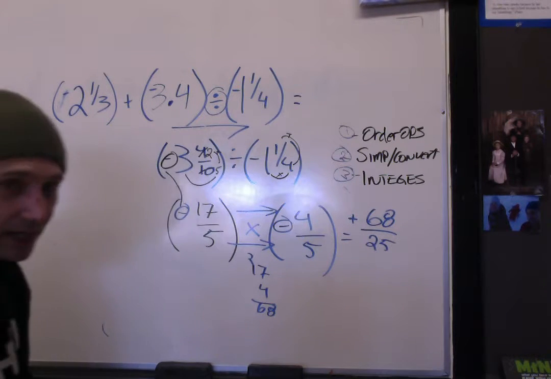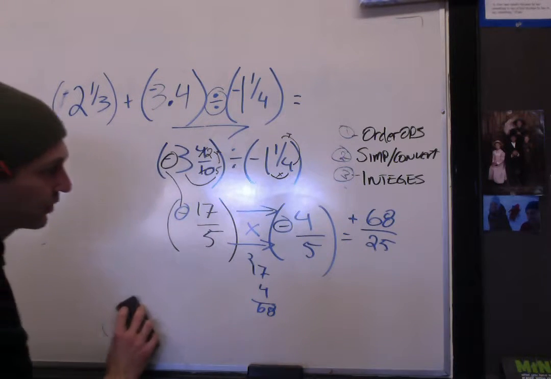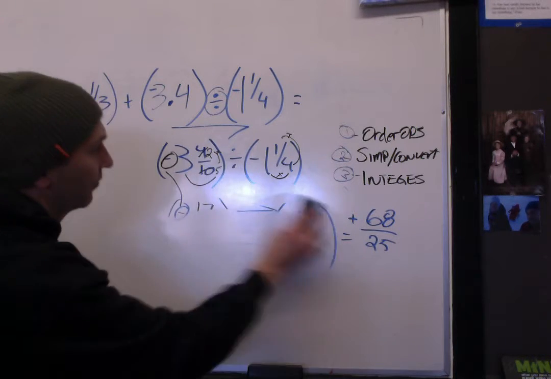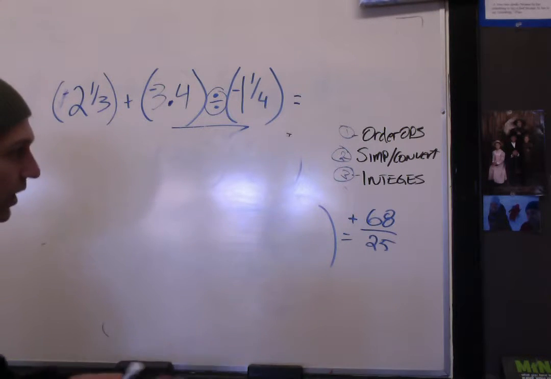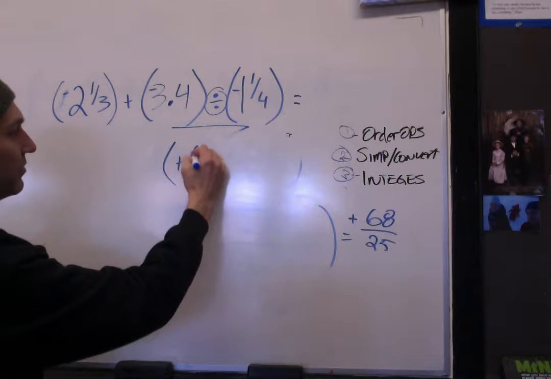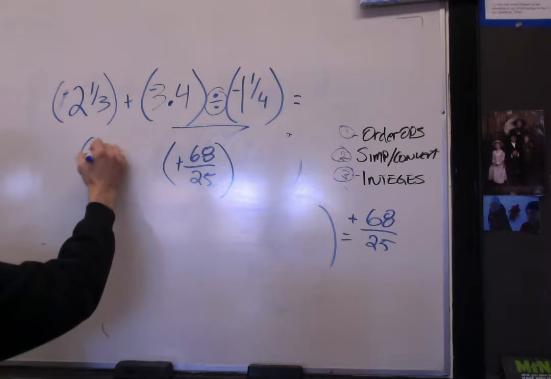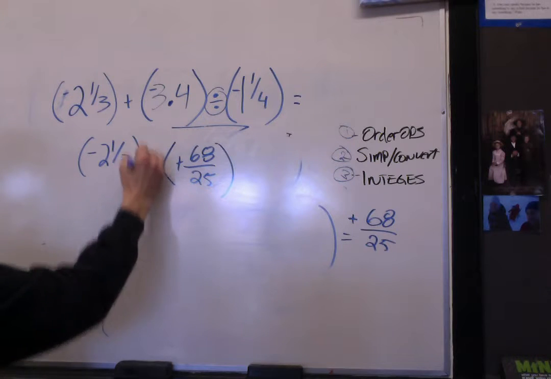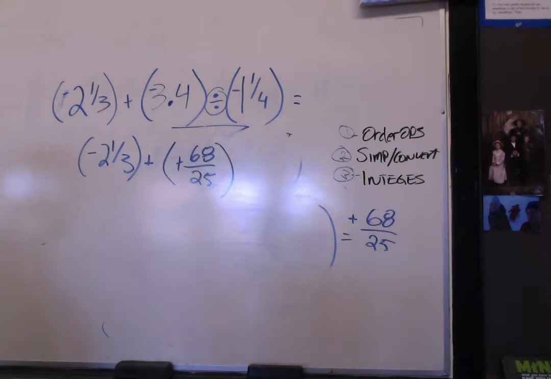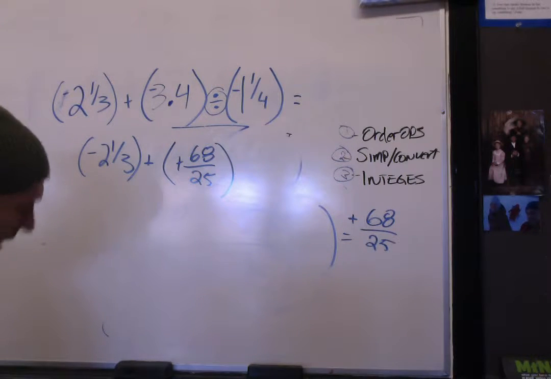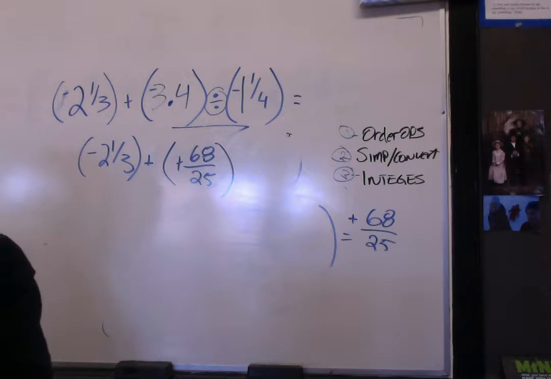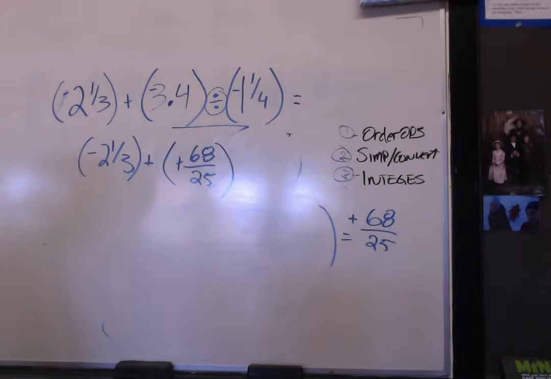So again, I'm limited on room here, so I'm just going to erase this down. So what I get is positive 68 over 25. Now, I have to add minus 2 1/3 to positive 68 over 25. Now, when I do addition of fractions, I prefer to keep things fairly clean.